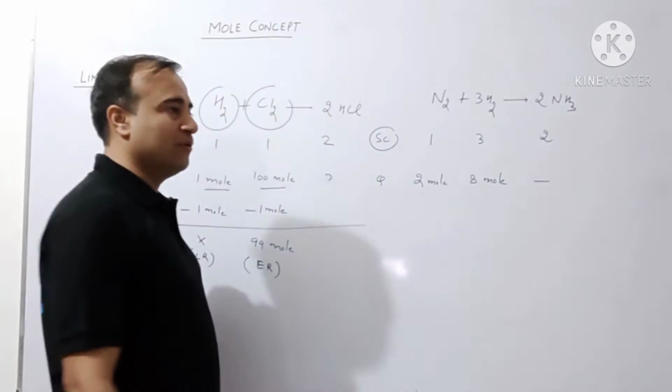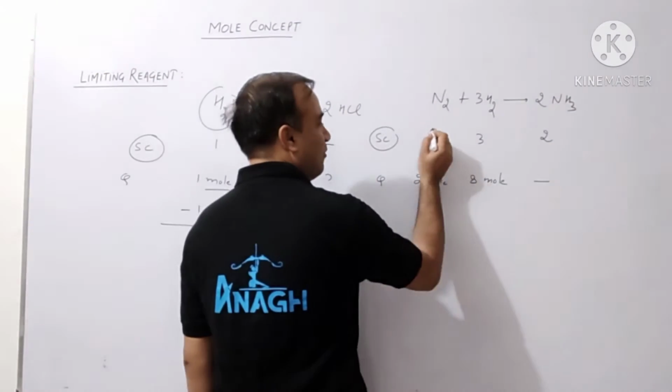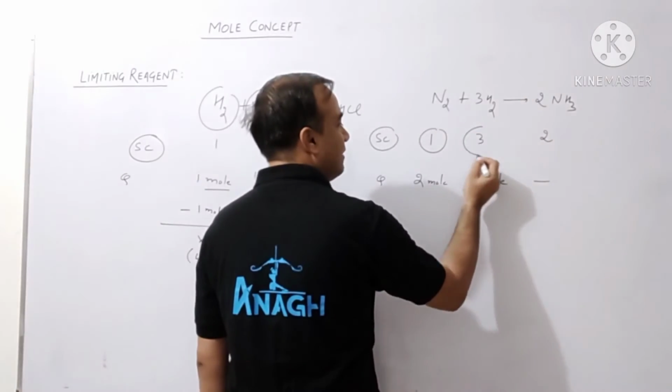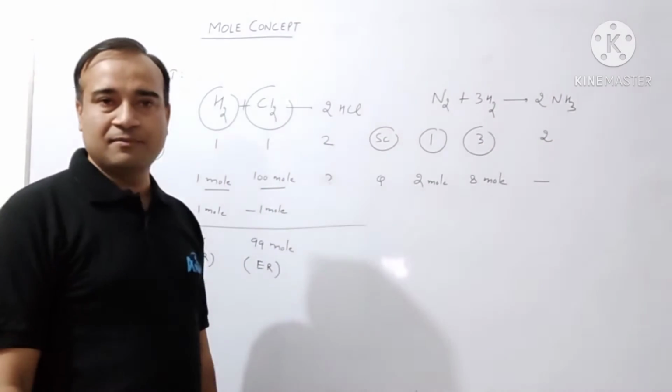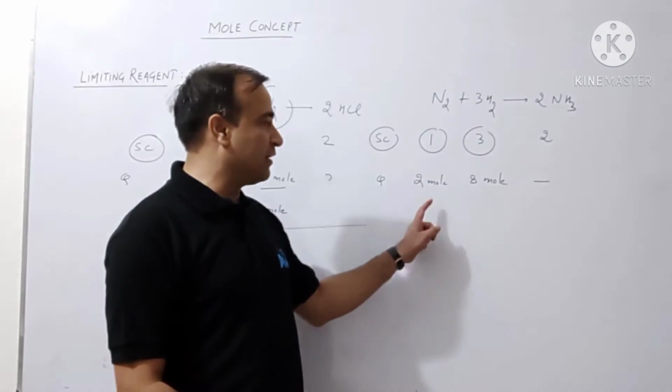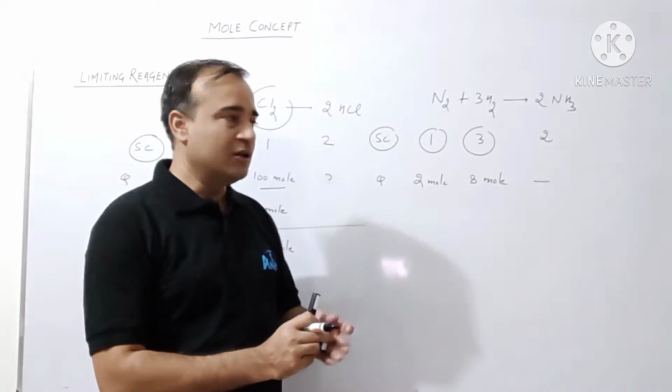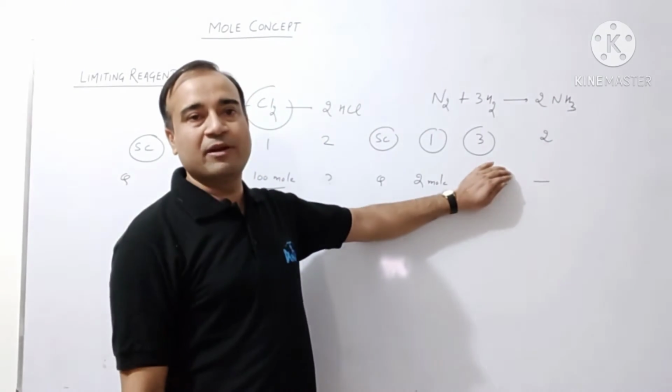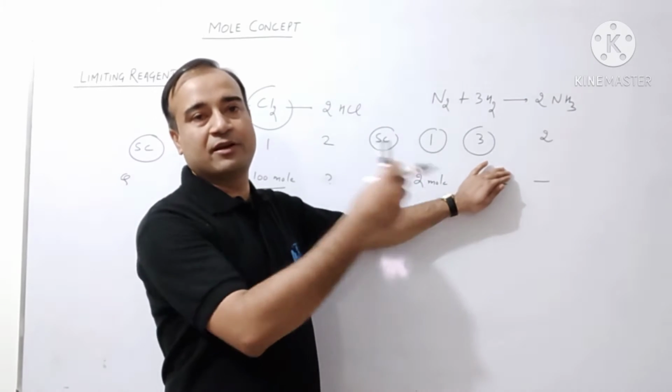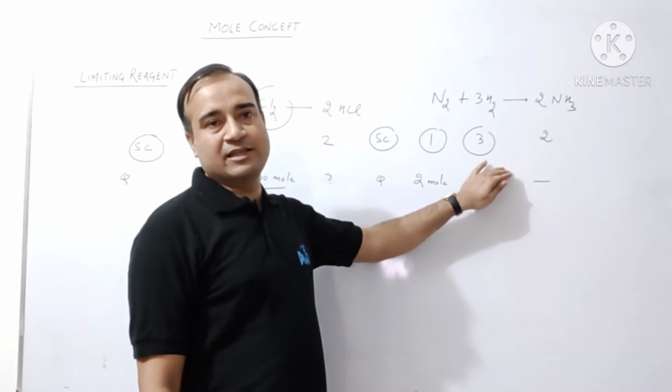In this scenario, I know 1 mole of N2 requires 3 moles of H2 for the complete reaction. If I have been given 2 moles of nitrogen, how many moles of hydrogen should I require? 3 times of it. So it must be 6 moles.